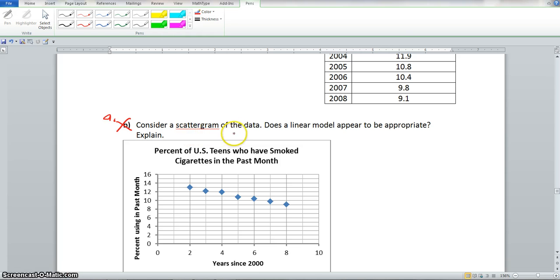It says consider a scattergram of data. Does the linear model appear to be appropriate? For that, it'll be yes, because it looks as though it's in a straight line, so a linear line would be appropriate. So you would put yes, linear model.